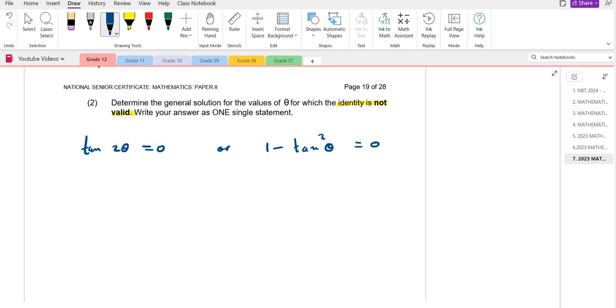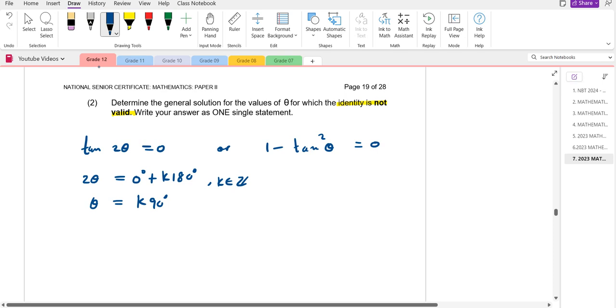Now tan 2 theta equals 0 gives us, right? The reference angle is just 0, so 2 theta is equal to 0 plus k180, because tan of 0 is 0. We take 0 as positive, so theta is equal to k90 degrees. That's one answer, where k is an element of Z.